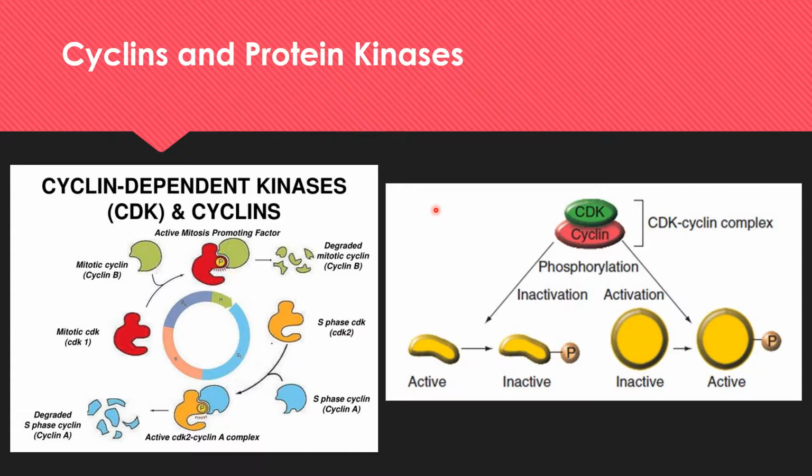They are very important in the phosphorylating of proteins on the amino acids, serine and threonine, that control what they do. So this diagram here gives you the different cyclin-dependent kinases and cyclins that are used throughout mitosis and the cell cycle.